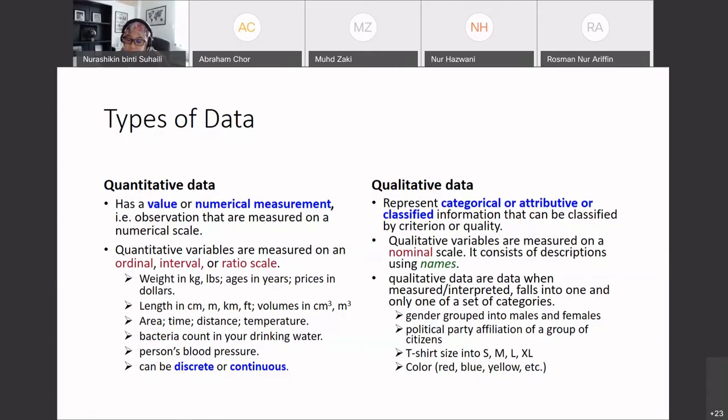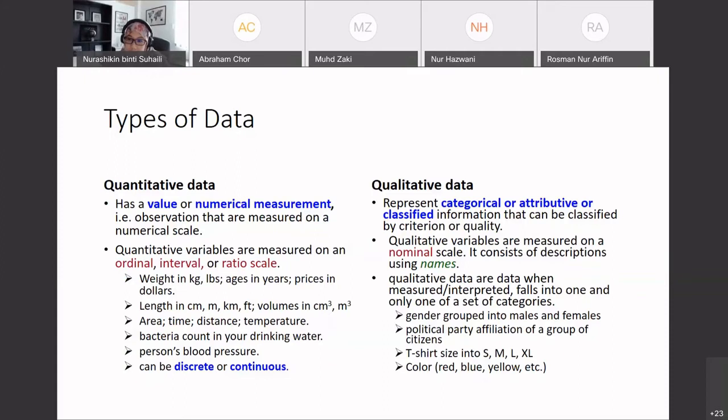And in biotech, let's say in microbiology, when you describe the morphology, the feature of the cells that you observe under the microscope, like the bacteria, you can say that it's rod-shaped, it's spherical, it's in clumps, something like that. You describe it, right? So that's an example of qualitative data.